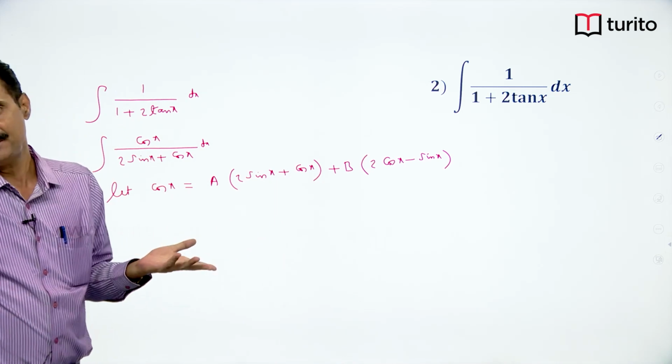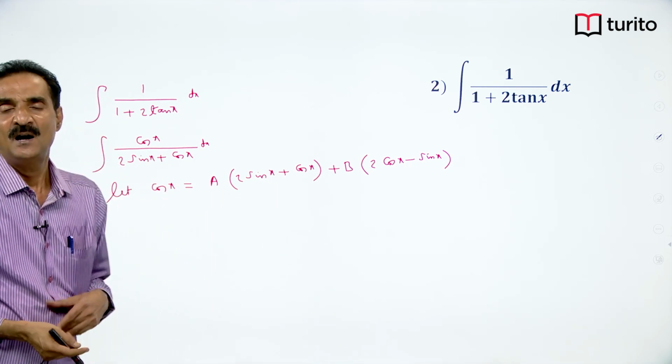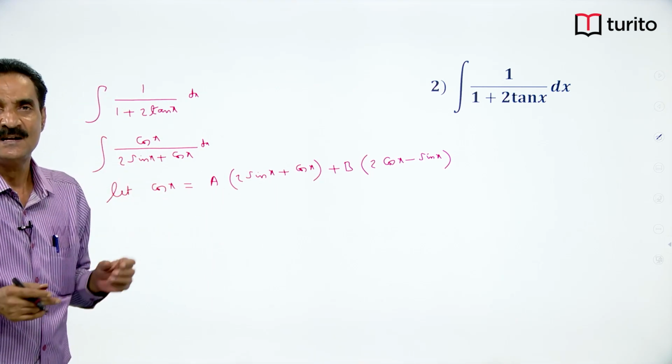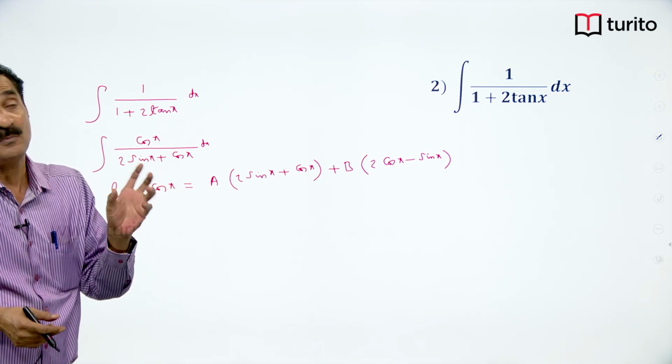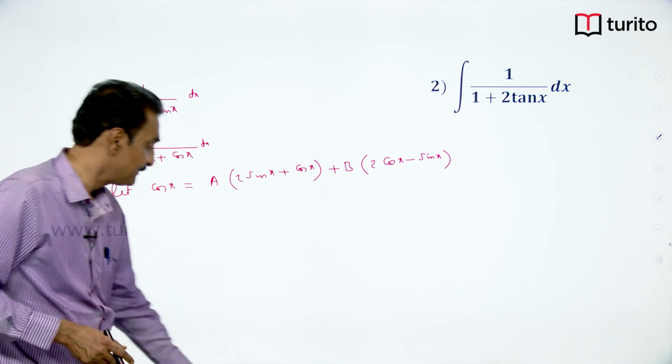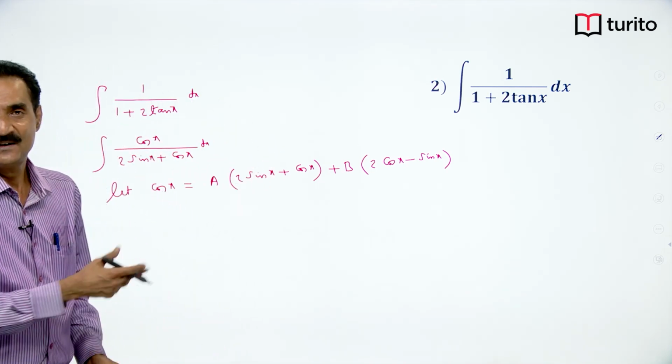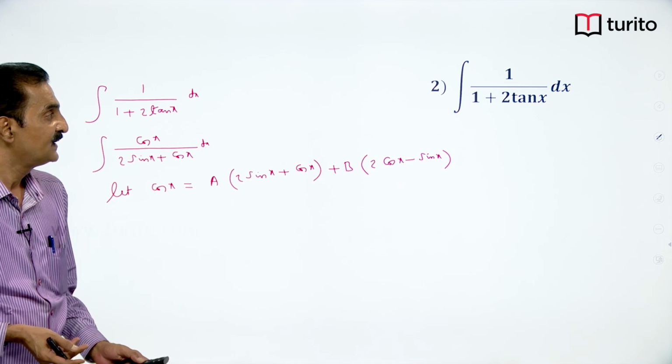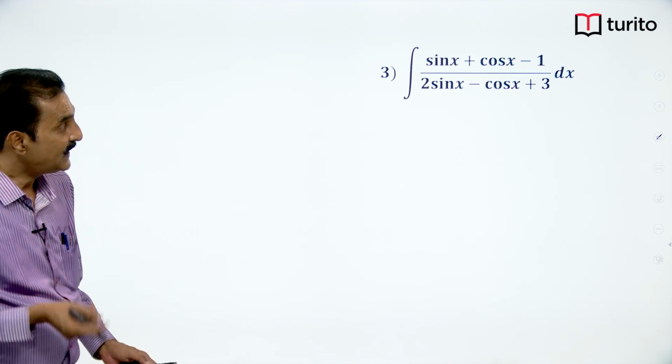Now find a and b by comparing coefficients. After finding a and b, what is the final answer? ax plus b log mod of this denominator. So you can finish it. Only the calculation part is left. Next question.